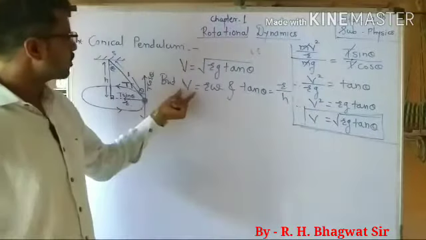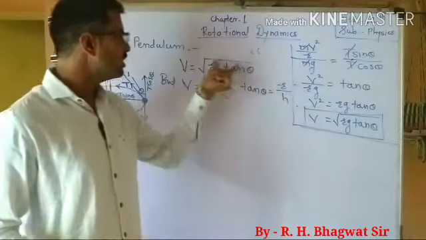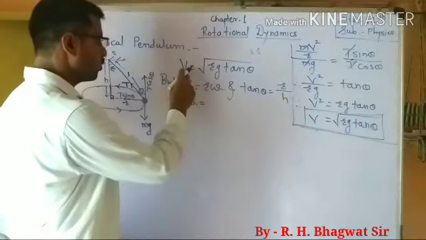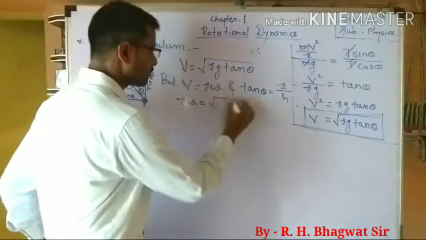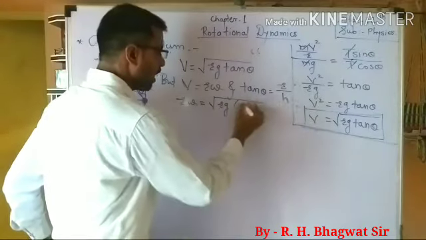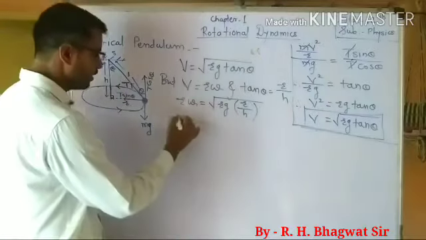Now put these values, v is equal to r omega and tan theta is equal to r divided by h, in this equation. We get r omega is equal to under root r g in bracket r upon h.